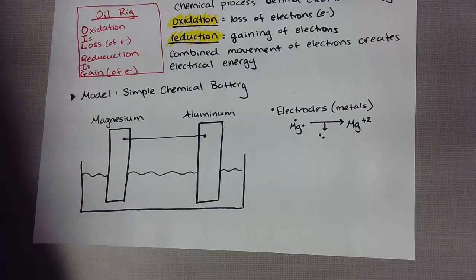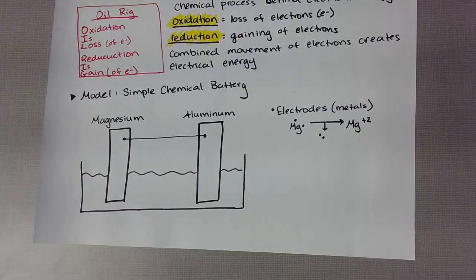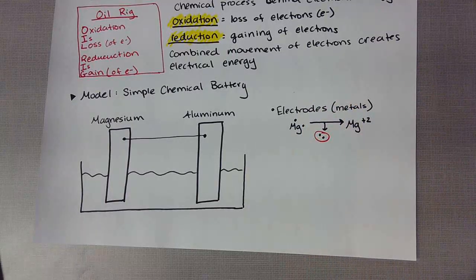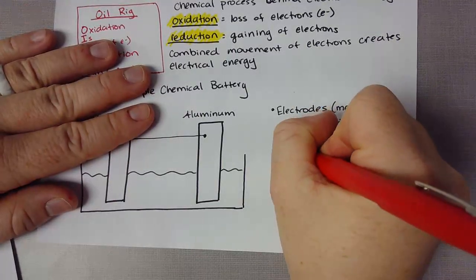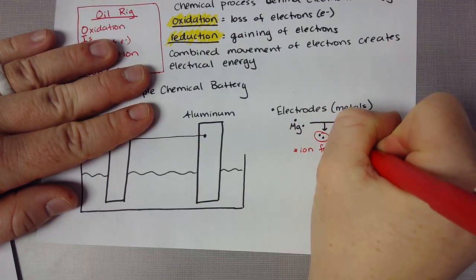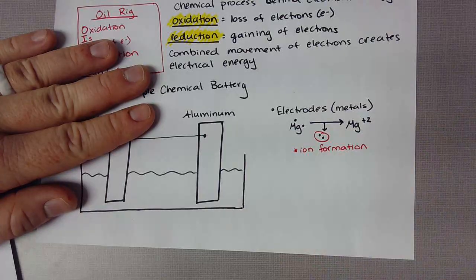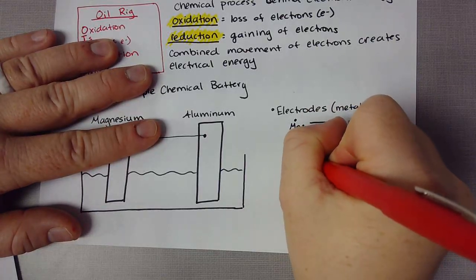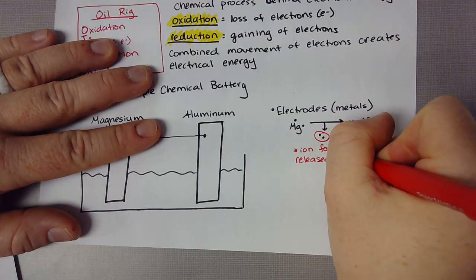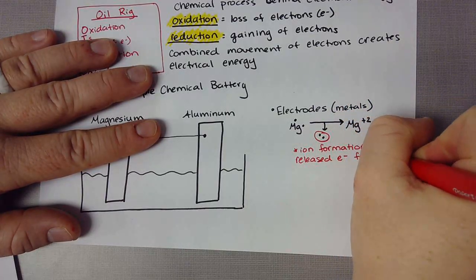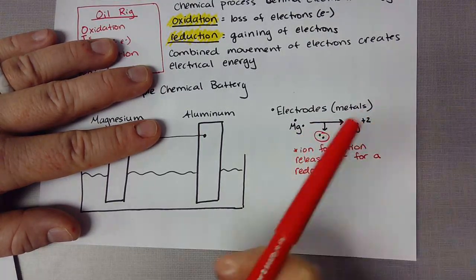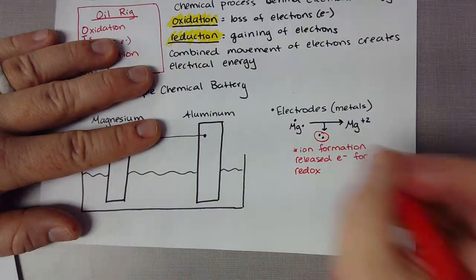This process is the start of electrical energy because this ion formation released electrons for a redox, which is an oxidation and reduction reaction.